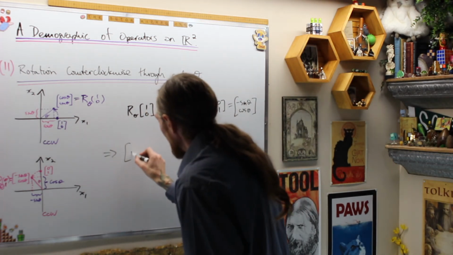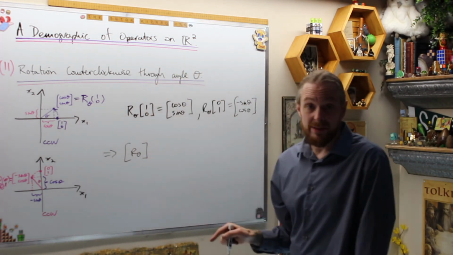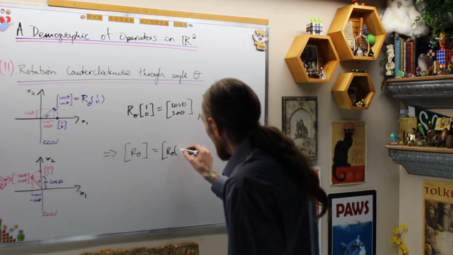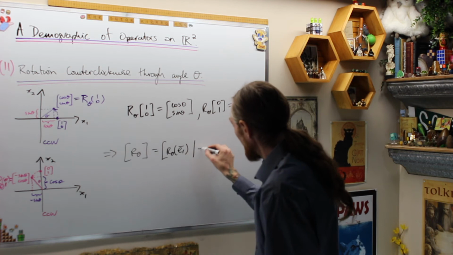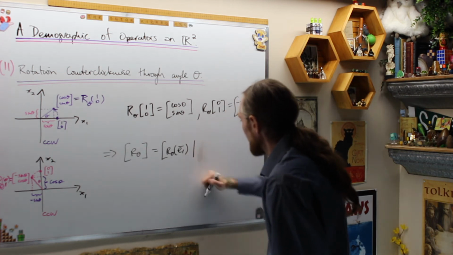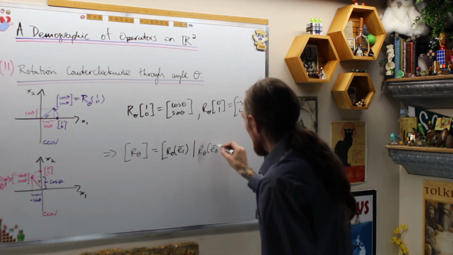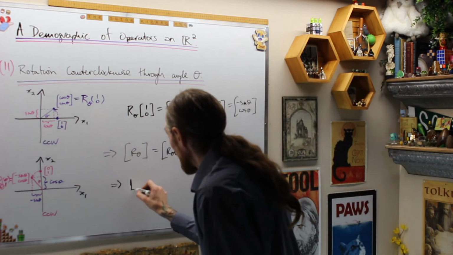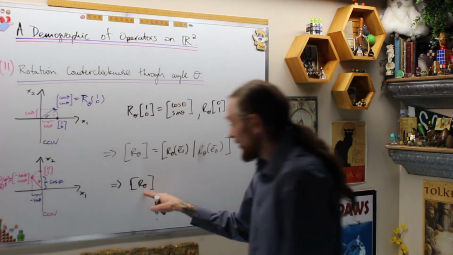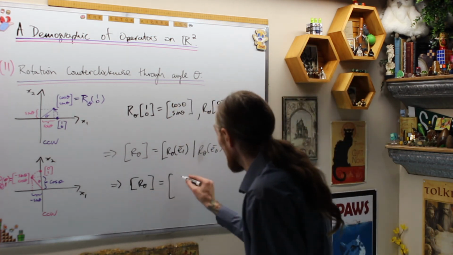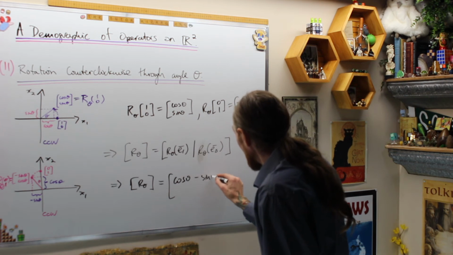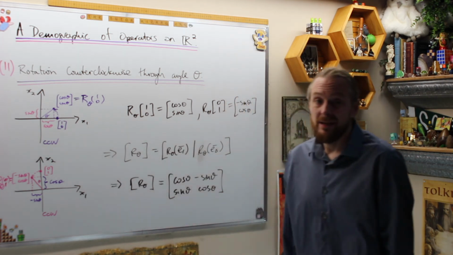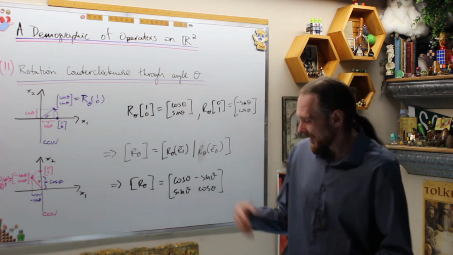This says that the standard matrix of rotation counterclockwise through angle theta in the plane is equal to R theta of E1 column R theta of E2, which is these two guys. So the standard matrix of rotation counterclockwise through angle theta is cos theta, negative sine theta, sine theta, cos theta.